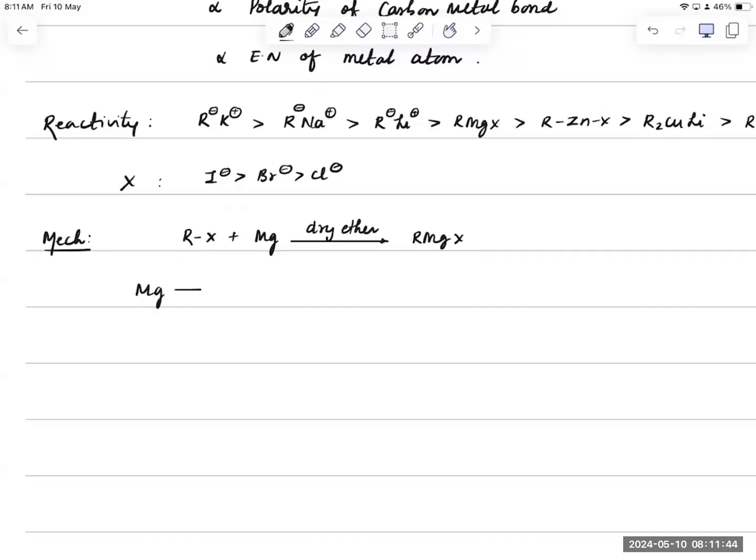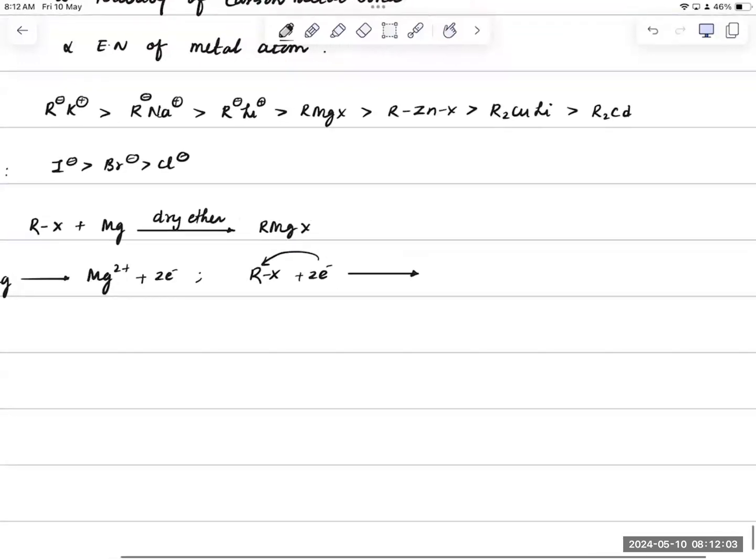Here Mg releases two electrons in ether, and these two electrons attack the alkyl halide to remove the halogen group. So as it attacks here, we get R minus plus X minus.